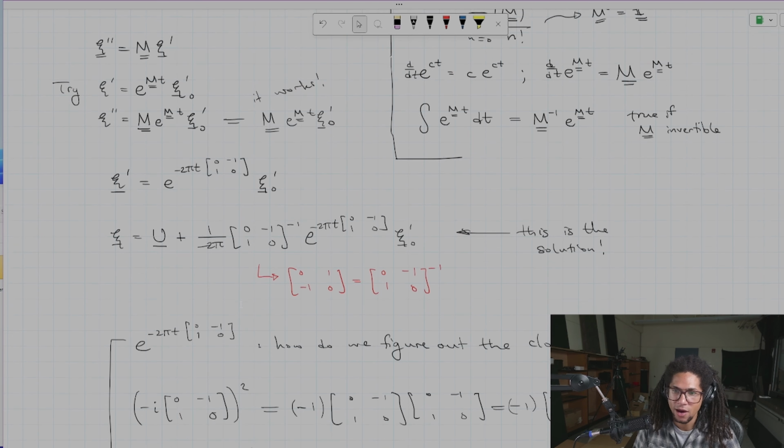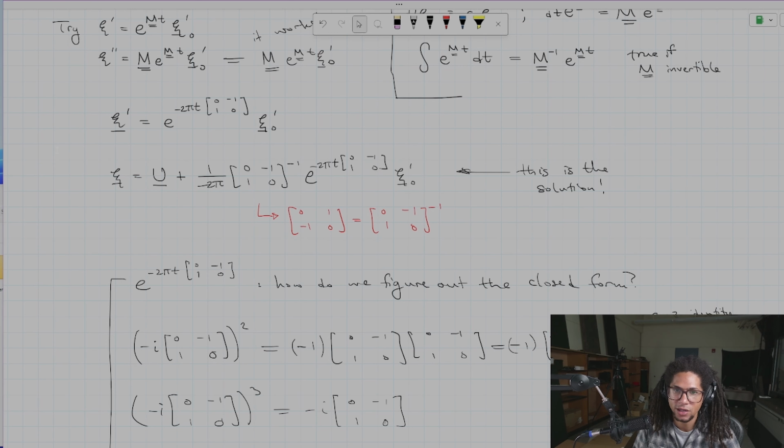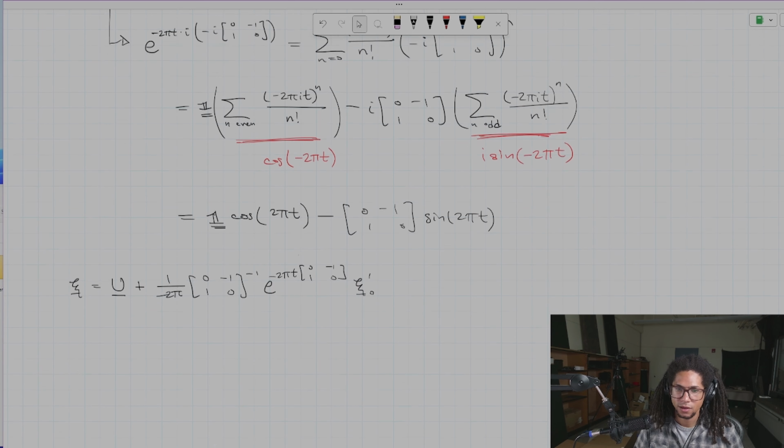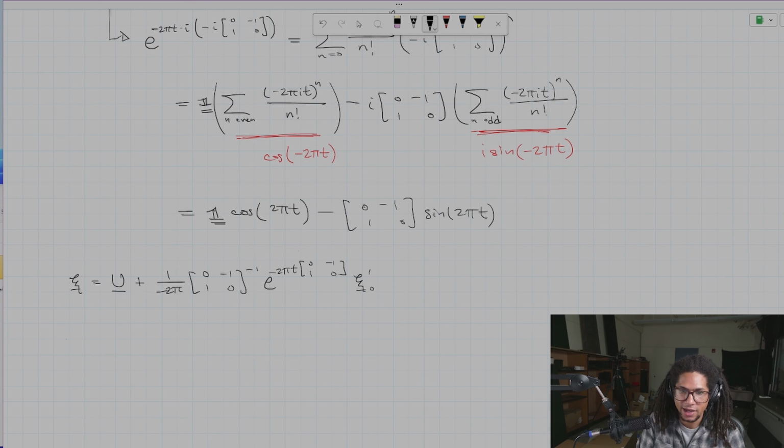All right, so now we are finally, at long last, ready to write down our solution. So we had this, and we're now going to be able to rewrite that. So xi is equal to some constant u. I have a minus 1 over 2 pi from before. Then I'll be able to change that to a plus because recall that the inverse of this matrix is its negative.